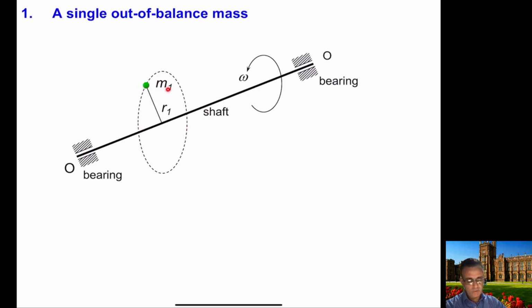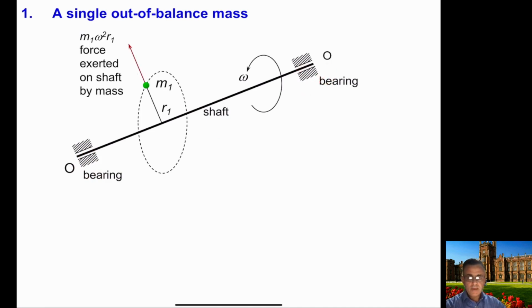So M1 is the out of balance mass, and R1 is the distance of this M1 from the center of the shaft, and the shaft is rotating at some angular velocity omega, and the shaft is supported at two ends. So this is bearing 1 and bearing 2 here.